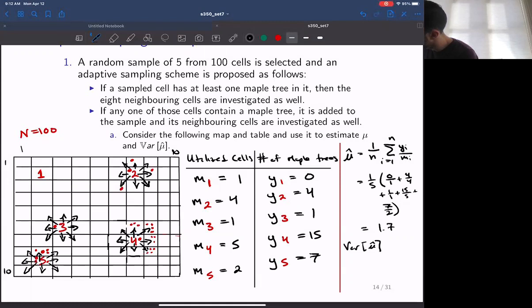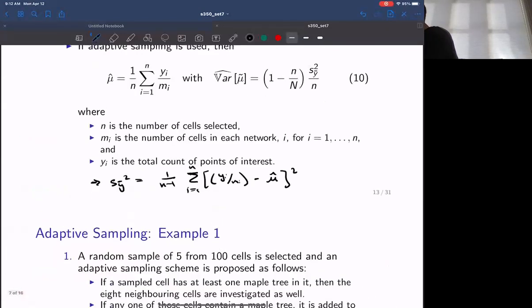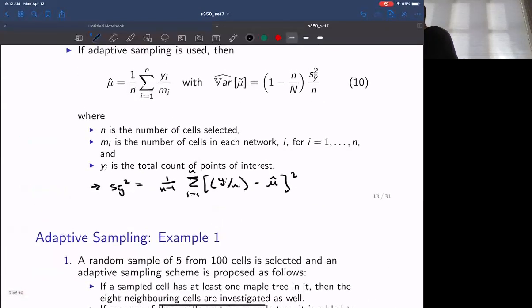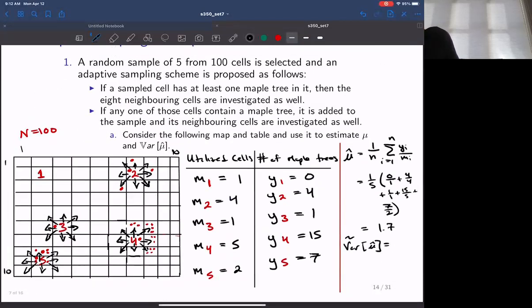variance of mu hat tilde. Okay, so this thing is going to be an FPC multiplied by this Sy squared value over n. So I'm just going to move this one down here.